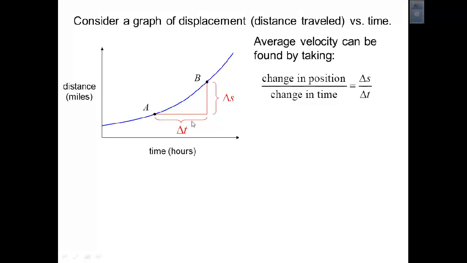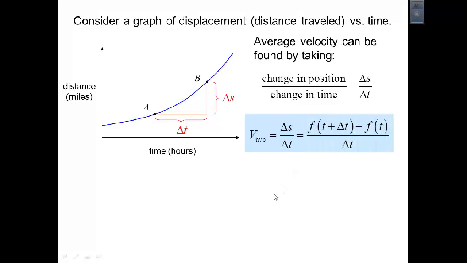It's measured in the y direction, and your change in time is measured in the x direction. So the average velocity in this case could be thought of as the change in position divided by the change in time, or f of t plus delta t, where the time t is a and delta t is how much you're going to go to get to b, minus f of t all over delta t.